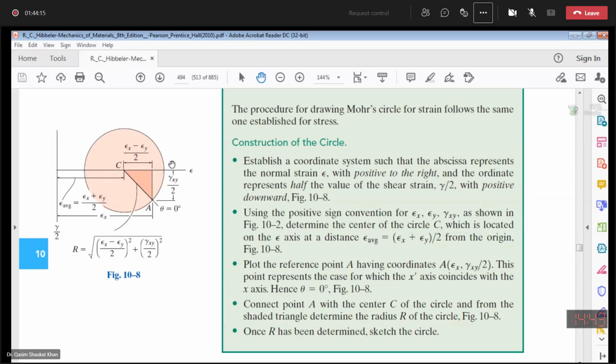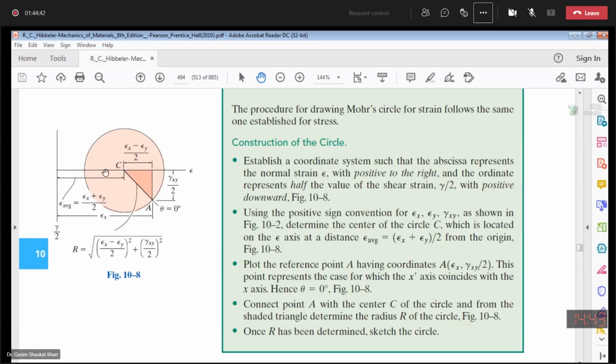So where your Mohr circle intersects the horizontal axis, these 2 points represent the principal strains. The maximum normal strain will be the major principal strain, and the smaller value of the normal strain will represent the minor principal strain.